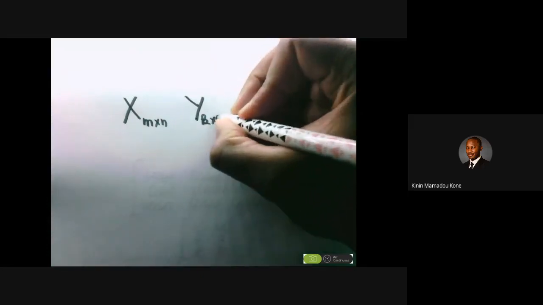Let's suppose that you have X being an M by N matrix, and let's assume that you have another matrix Y being a K by N matrix. Now you can form a matrix product X Y transpose.